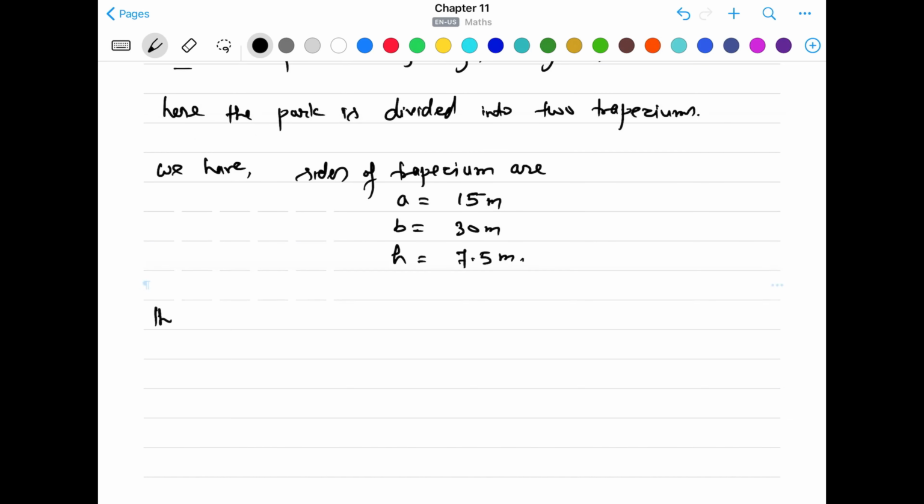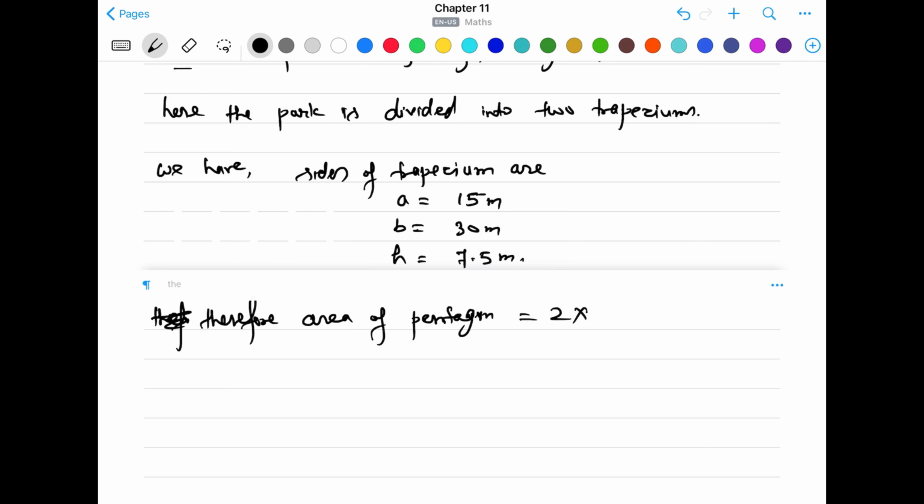Okay, therefore the area of pentagon will be twice the area of trapezium.